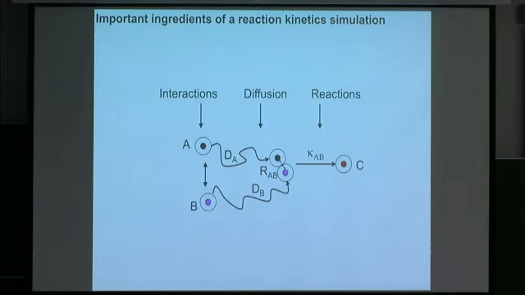Particles can diffuse around. Basically, by default, we assume that there's Brownian dynamics, although there could be other dynamics, such as non-overdamped Langevin dynamics, but for now, let's assume Brownian dynamics for these particles. It's Brownian dynamics in an interaction potential because we want to allow these two particles to interact with one another, even if they're not in reaction distance. And we have reactions.